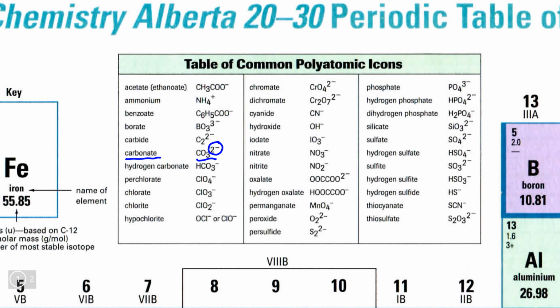So if we look for NH4+, we see that it's right at the beginning here. This is a polyatomic ion that we call ammonium. And then if we look for NO3-, we see that it is called nitrate.